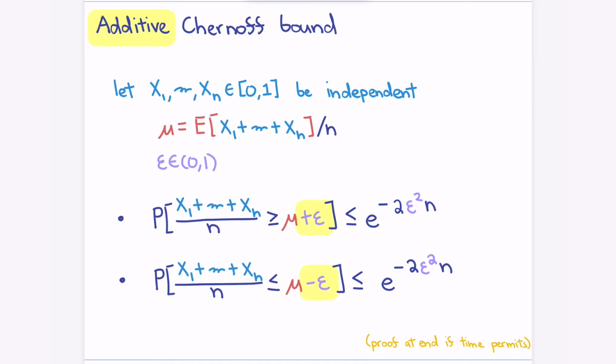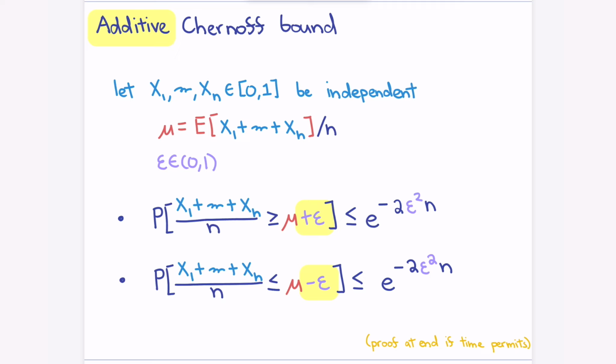And okay, I'm going to sum them all up and look at their average compared to the mean, plus epsilon. Okay, and you're going to get some guarantee that's going exponentially small in the number of variables. So there's a couple of different ways to look at it.